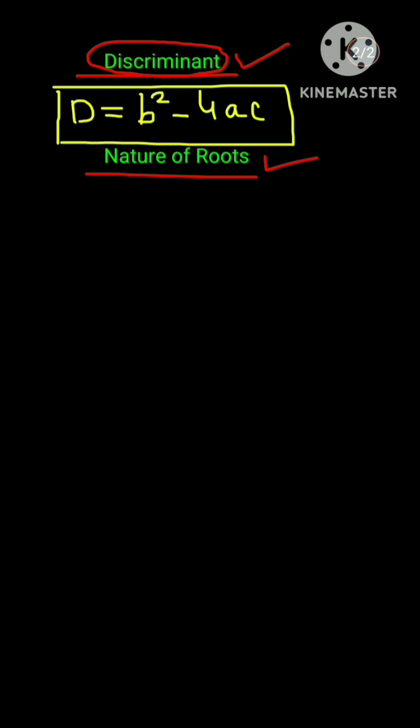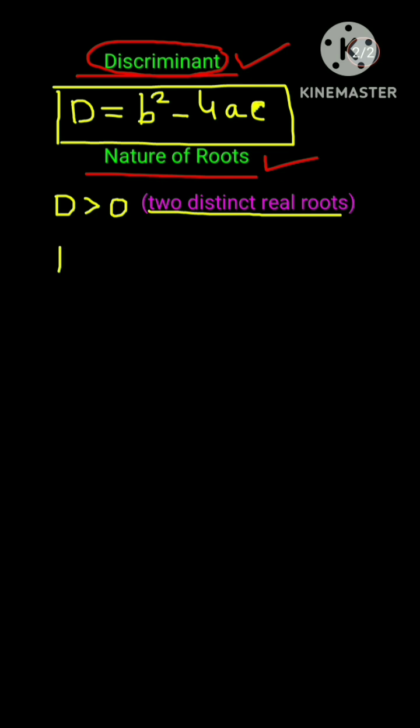For example, if discriminant is greater than 0, then we obtain two distinct real roots. Distinct real roots means two different real roots, right? Again, if discriminant is equal to 0, then we obtain two equal real roots, right?